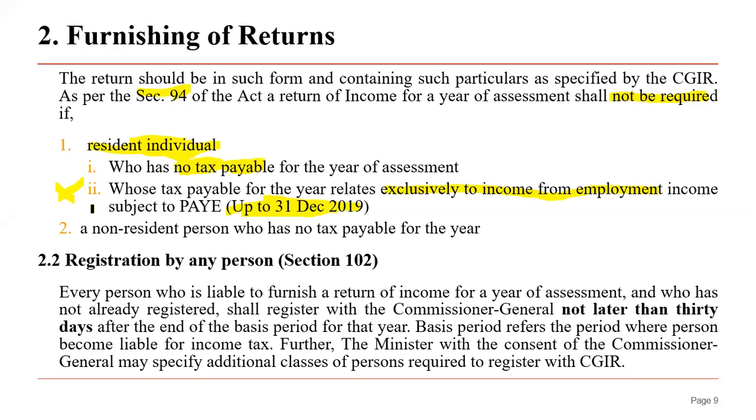So the individuals who are above the threshold of 250,000 per month definitely should have a file. They have to open a file, maintain it, and pay taxes quarterly. Then they can go under the optional scheme. They can ask the employer to deduct their taxes on the employment income.